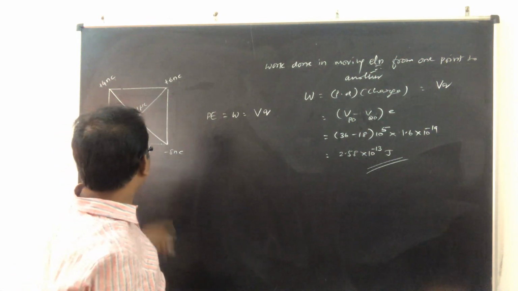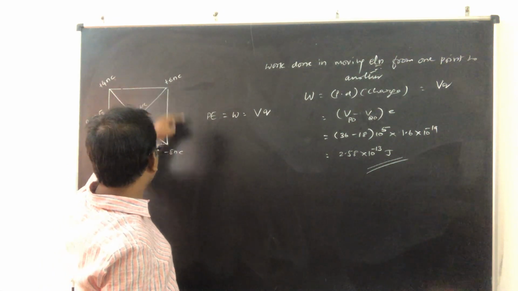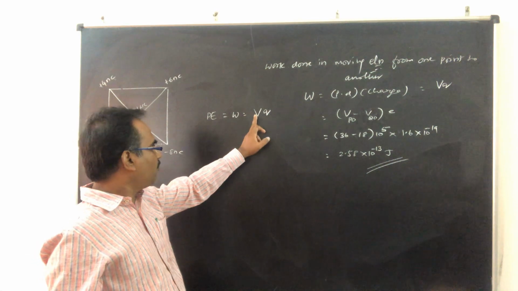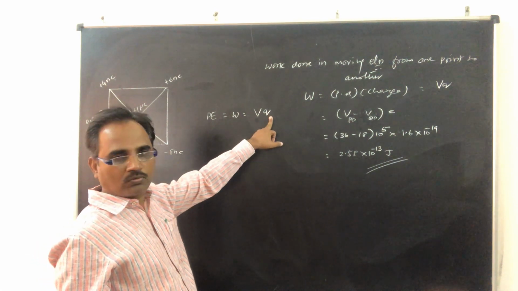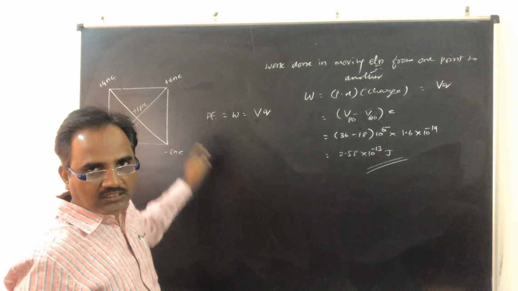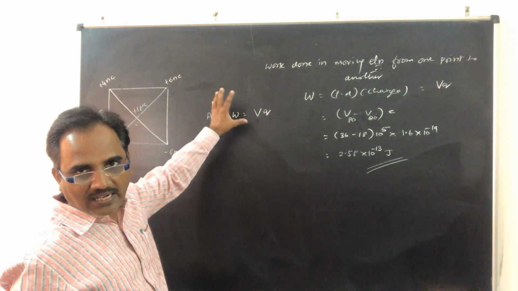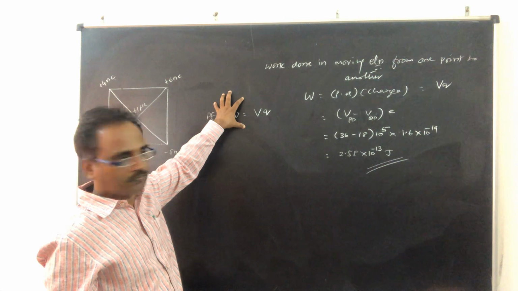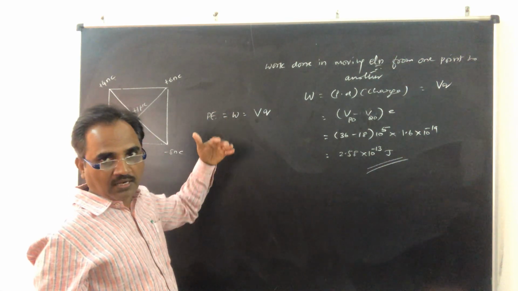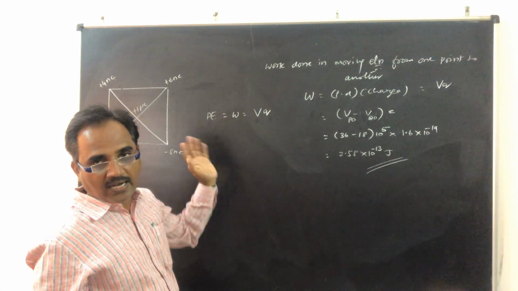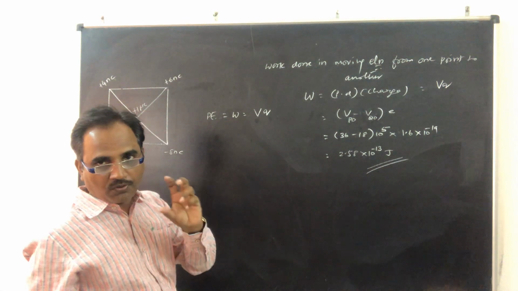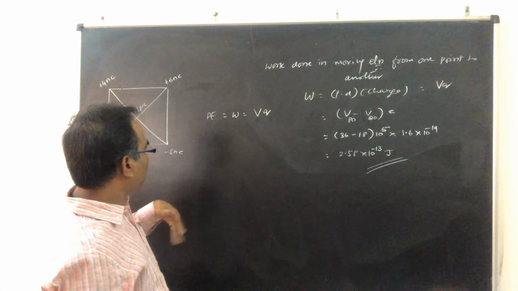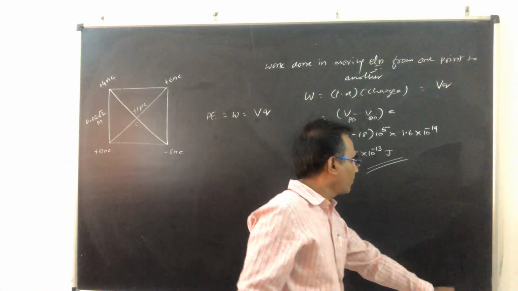So first you find the electric potential at O due to all these 4 charges. You will get net potential, and you multiply the charge at O. That gives the potential energy of the charge at O. This is the easiest way of solving this problem. Instead of taking 10 pairs of charges and adding potential energy, sometimes if you forget to take any one pair, you will get wrong answer. So instead of that, this is the simplest way.